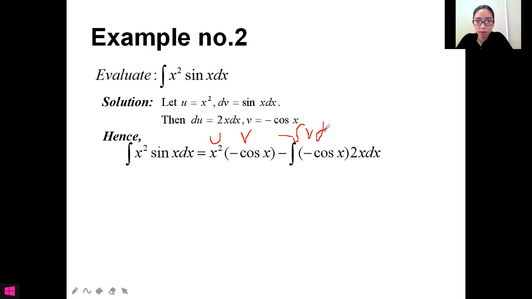Mao na siya. Mao na itong forma nga awaton. Anyway, so u times v minus integral of v du.